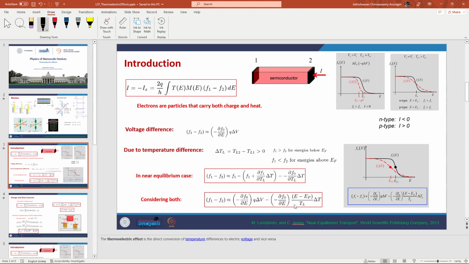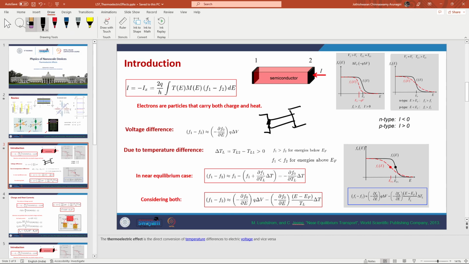Now, one can be motivated to ask, why are we doing this? Why are we not just considering a change in temperature and not a change in voltage? Because in a realistic scenario, as we know, when we have our two-terminal device, we have discussed by now that energy loss occurs only at the interface.